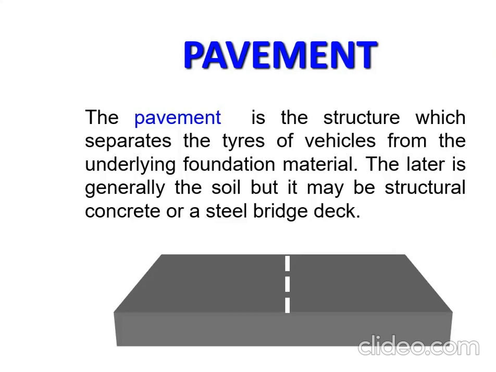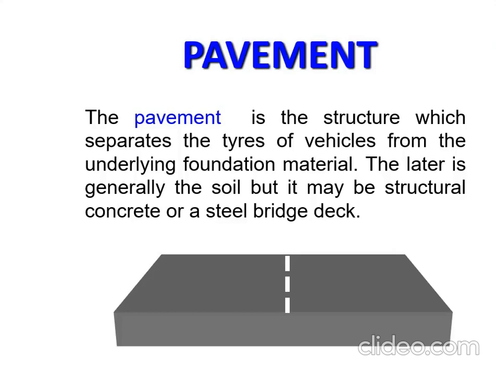There is a thumb rule about it, that the top 6 inches of the soil should be removed. We get it compacted, and then the pavement layer is laid. So when we say pavement soil, actually we say it's a strata which is improved.